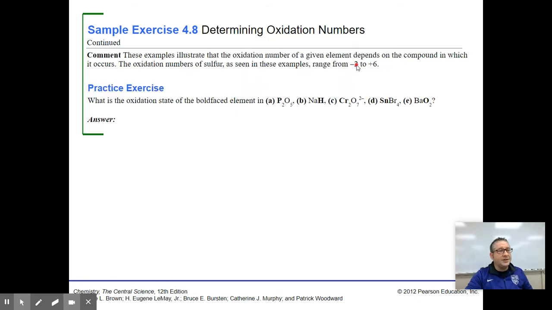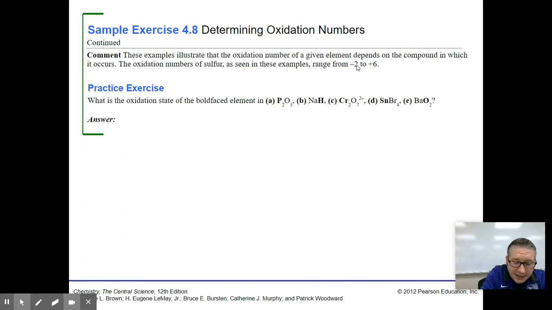So let's look at a couple of these here. We have A, B, C, D, and E. We are to determine the oxidation state or oxidation number of the bold-faced letter. The first one is P2O5, where phosphorus is the element.